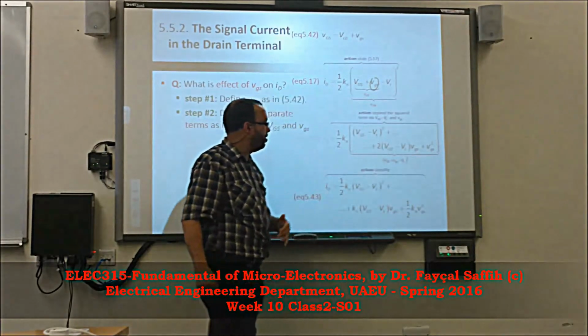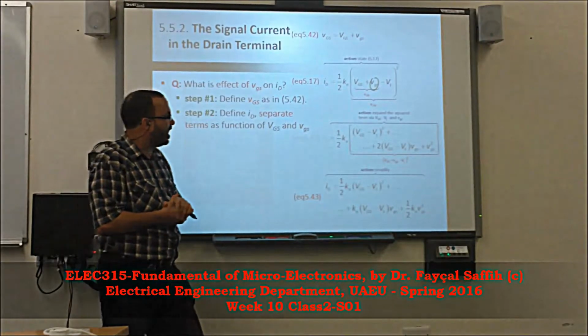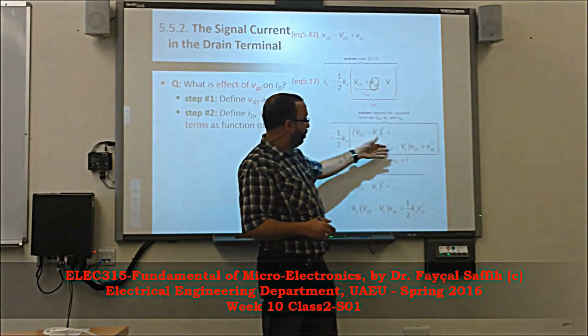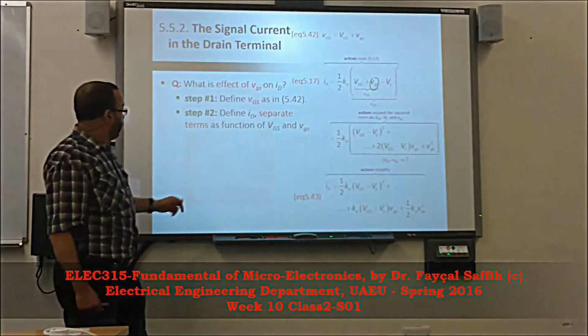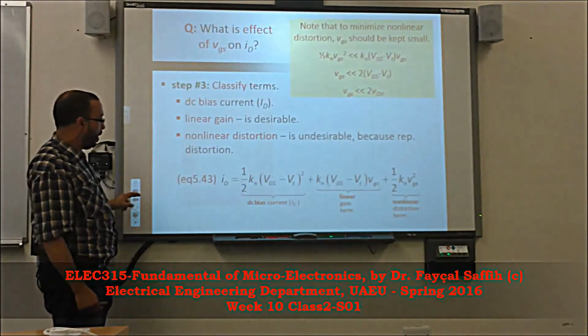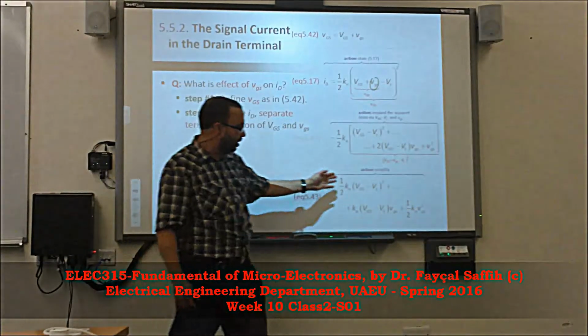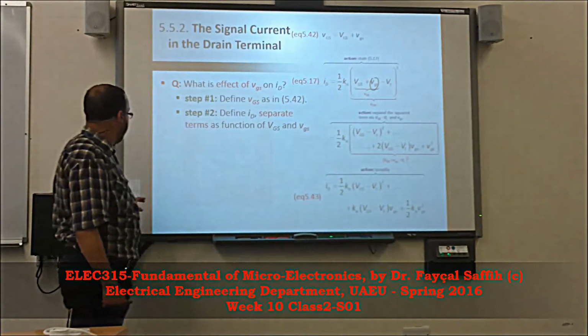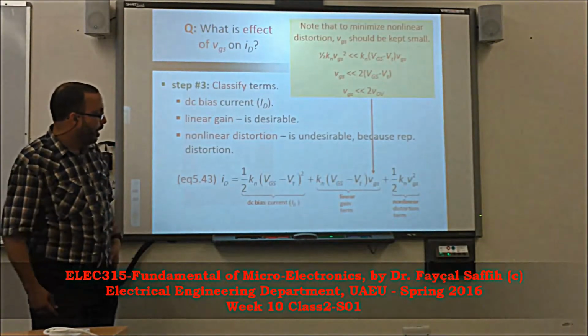Then with simplification, we spread the parameters and we have this. So the equation that we studied earlier is just repeated in here. We just put them together.